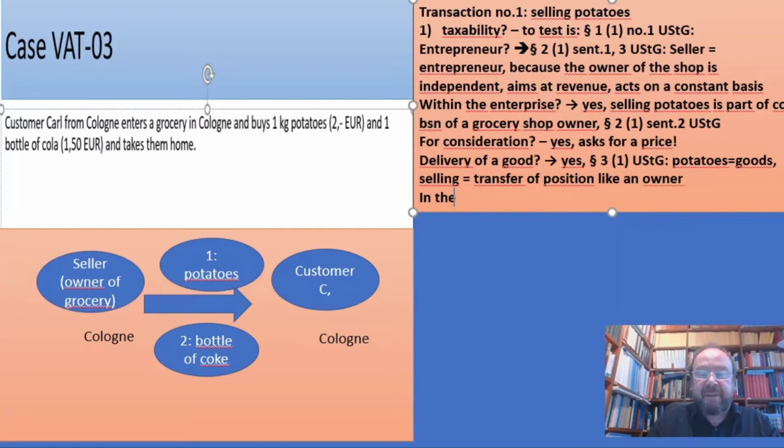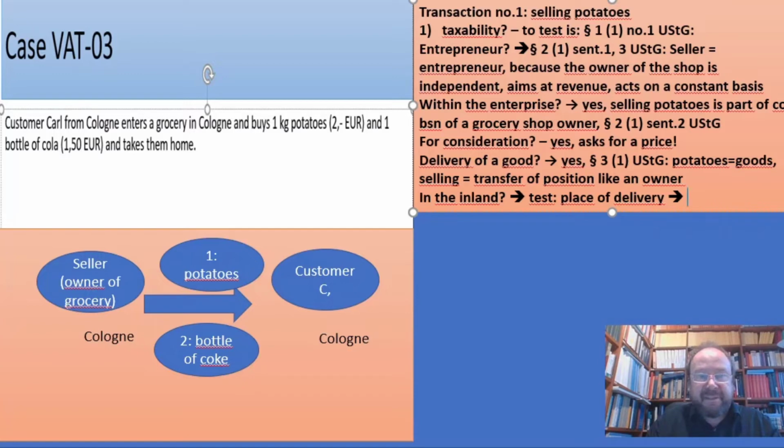Now the last thing we need to find out for 1.1 number 1 is if it is attributed to the inland, that transaction. For this we have to test the place of delivery, and there are two kinds of basic rules there.